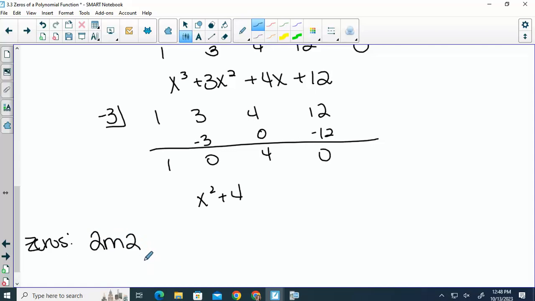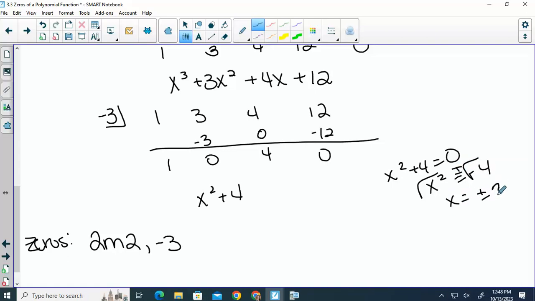When we put the factor, we'll square it. -3 was a 0. Can you figure out what makes x squared plus 4 equal 0? 2i. Plus and minus 2i. We don't put that though because this is real zeros, right? Right. Okay. So my total zeros are plus and minus 2i. So if I just ask for the zeros, that would be your answer.